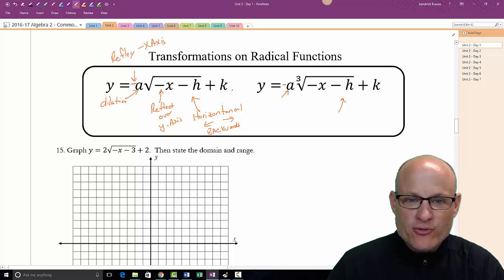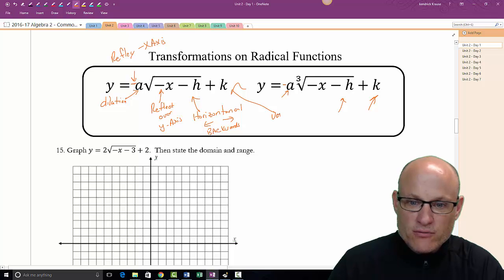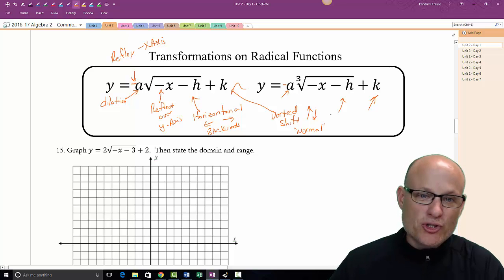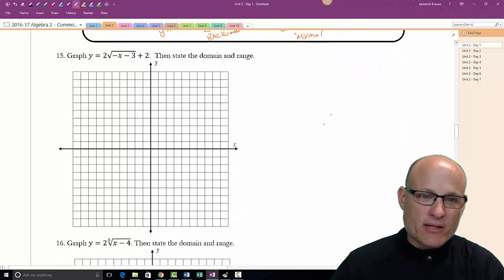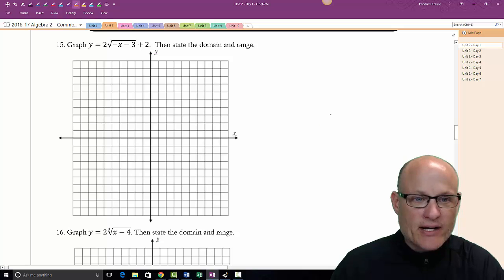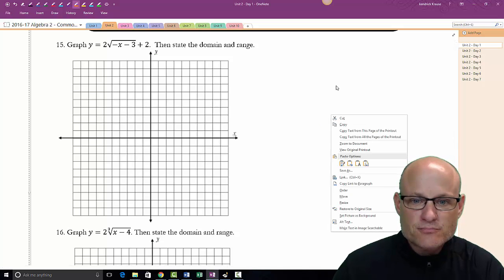And these two, this K and this K, these are vertical shifts. That's up or down, but normal. So you should, without the use of a calculator, be able to tell me all that's going on in this.